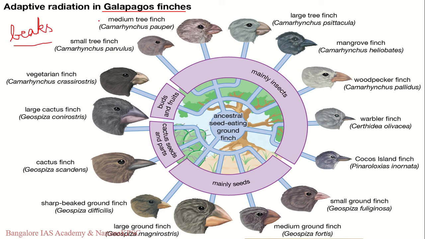Now all the finches actually evolved from the same ancestor, but as they evolved depending upon the habitat, depending upon the food which is available to them, they have specialized their beaks. They have varied. So variations have been brought about, and this is nothing but to suit the different diets and habitats. So this is the example for adaptive radiation, where they're actually adapting to the surrounding environment as well.